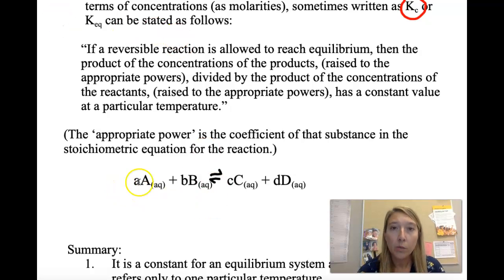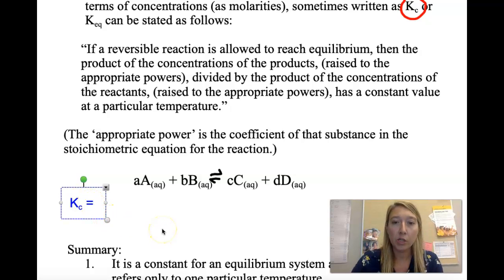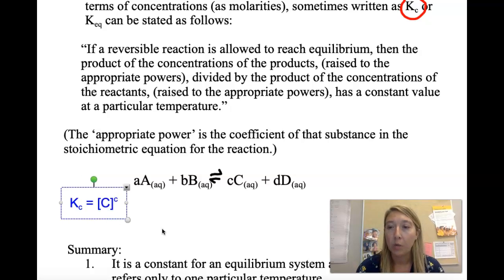So if I wanted to write a Kc for this equation here, and this is kind of a generic equation, we would say that Kc equals, and then we're going to start with the concentration of the products. So the first product we have is C, and that is going to be to the power of whatever the little c we balanced with is.